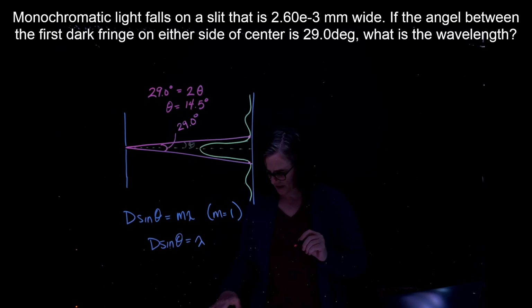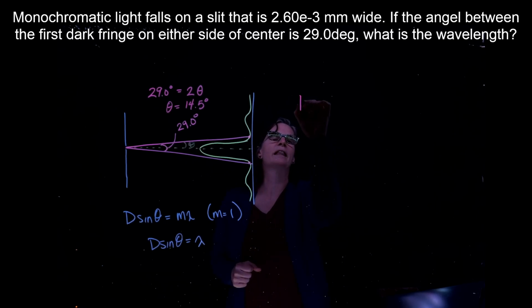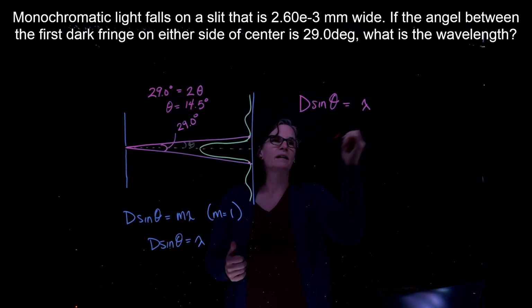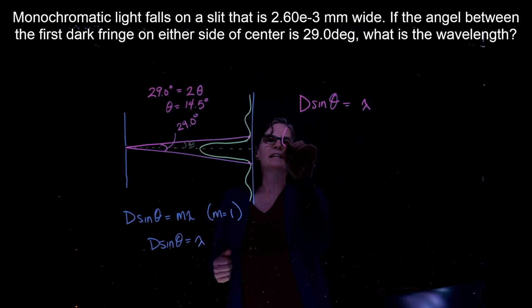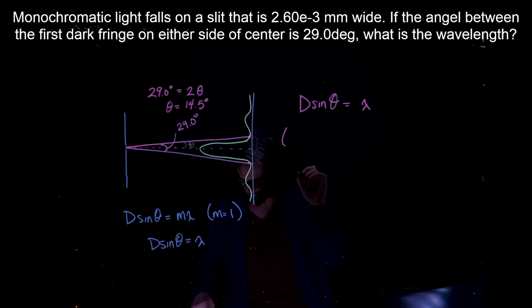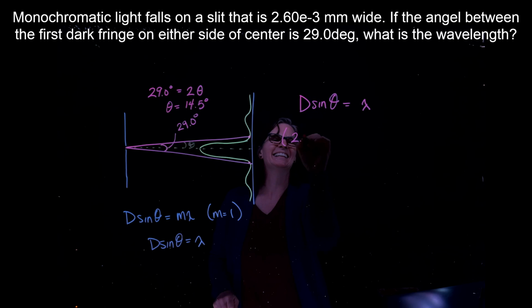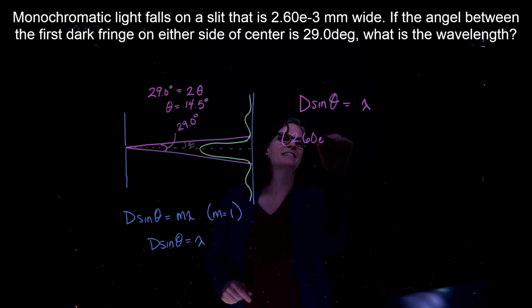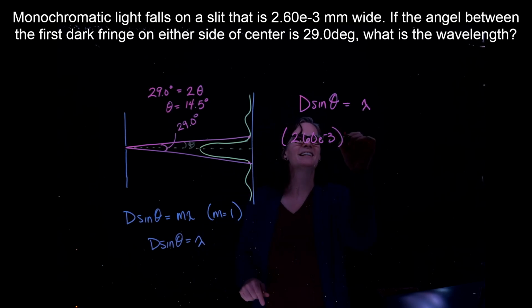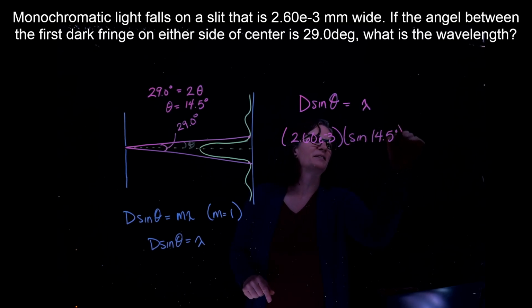Now we can use our equation to solve for lambda. So I'm just going to rewrite that equation. Again, m is 1 in this case. So d is 2.6 times 10 to the minus 3 millimeters times the sine of 14.5 degrees.